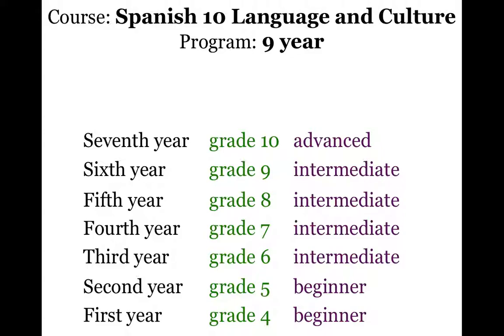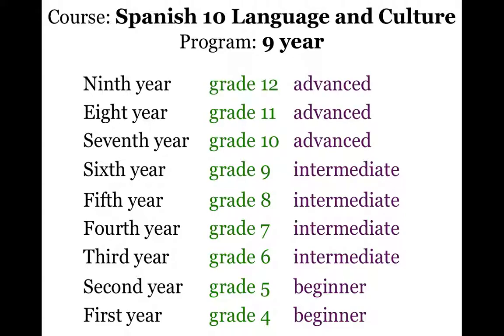You're very, very comfortable with the language at this point. We'll look at it closely in a moment. It also means that you have 2 years left before you complete the entire program. Your 9th year will be in grade 12, and you will finish with Spanish 39Y, which is really, really advanced and fantastic. You're almost there.